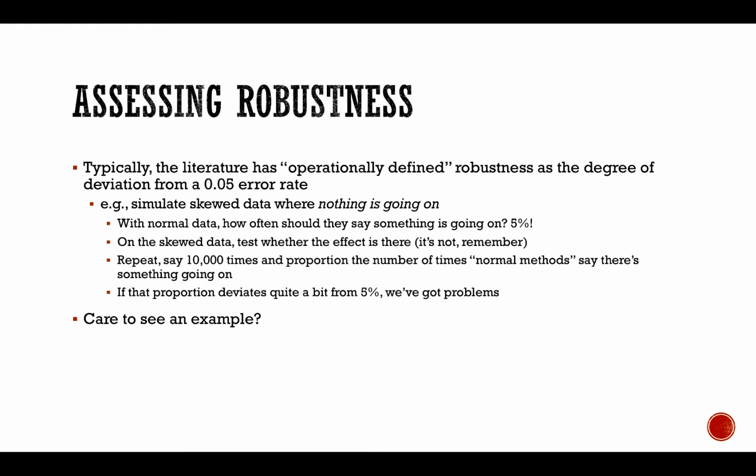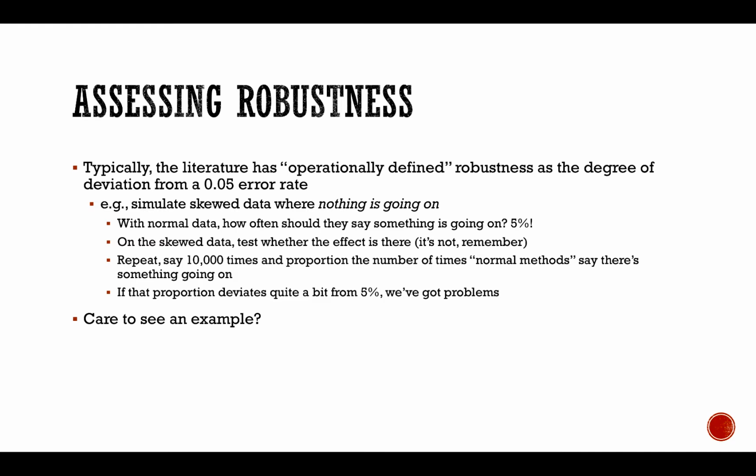On the skewed data, we can test whether the effect is there. Now, remember, we simulated it so it's not. So let's say we repeat this 10,000 times and count the number of times normal methods say there's something going on. And if that proportion deviates quite a bit from 5%, we've got problems, see?